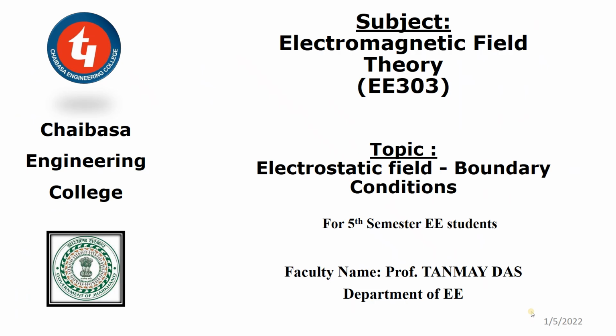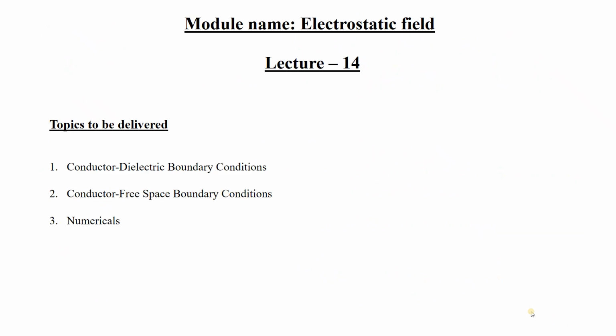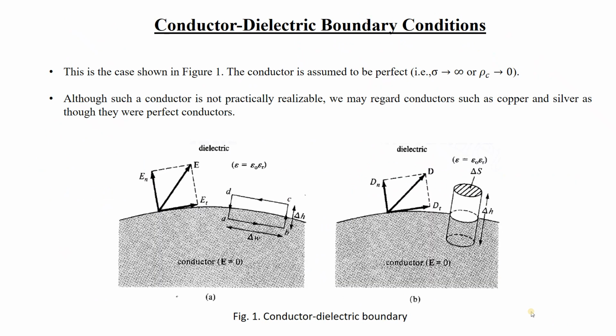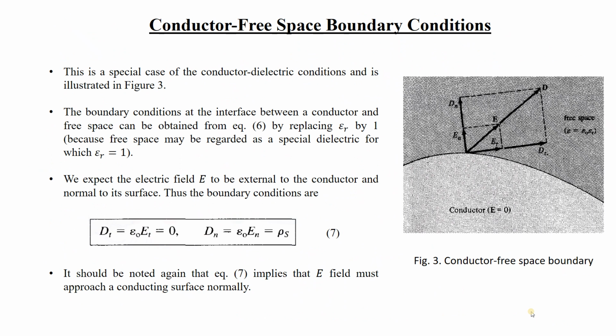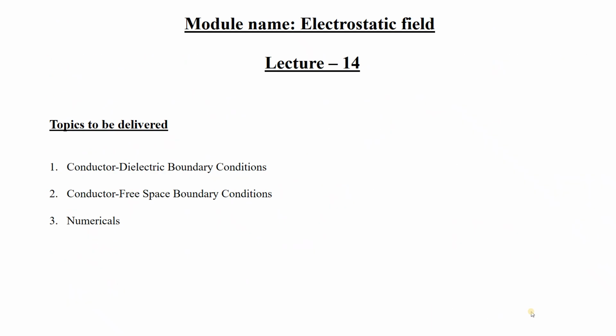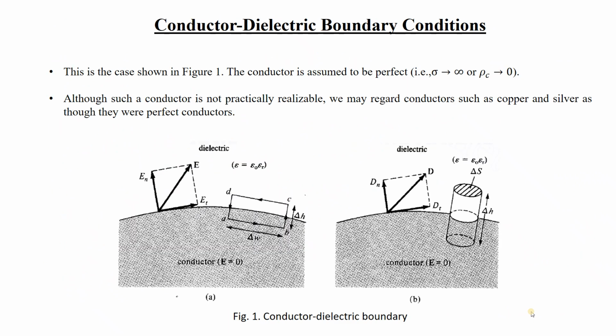Now one more case is left out, which is the conductor to free space boundary condition. This is very similar to the previous case of dielectric to conductor boundary conditions.